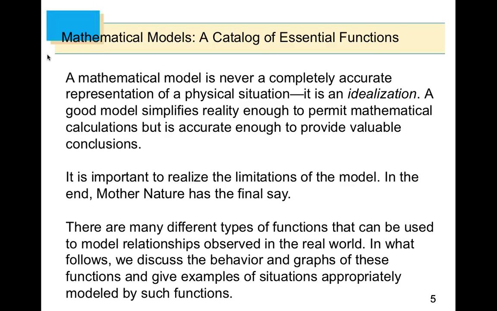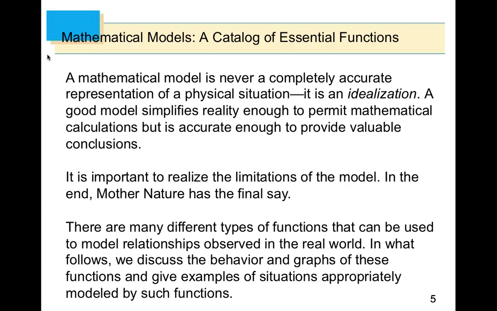It's really important that you understand that there are limitations to any model that you create. In the end, we say that Mother Nature has the final say. So there are definitely outside limiting factors that will skew the results of any mathematical model that you can create. These are generally just created to get a good picture of what should be happening. It is not a set-in-stone rule of what is going to happen.